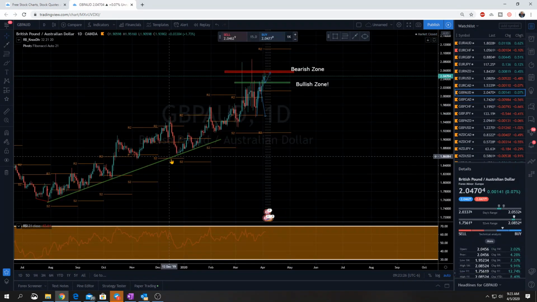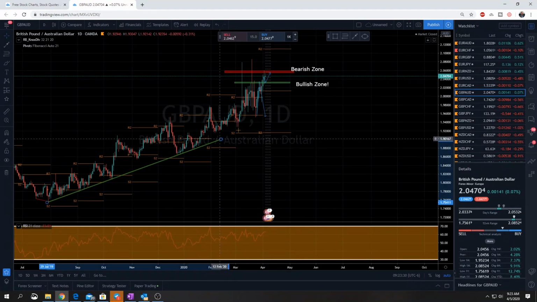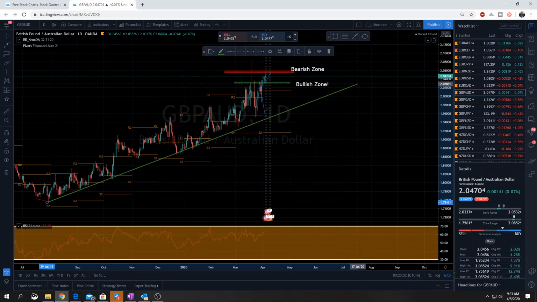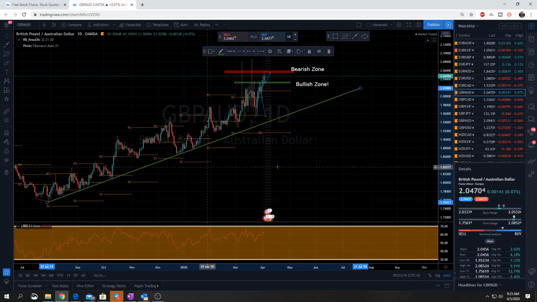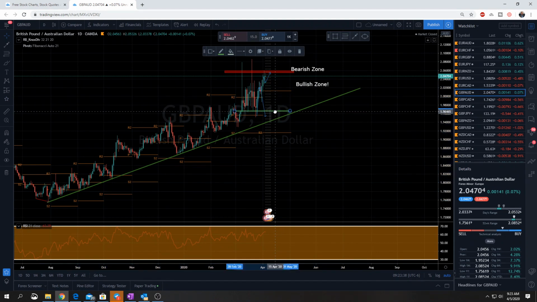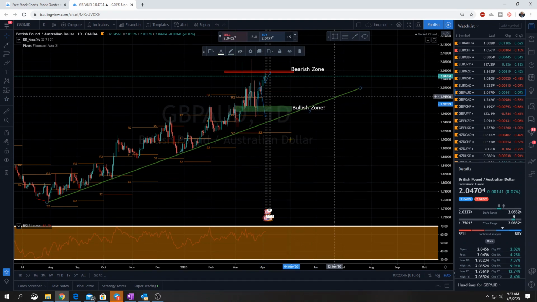All right, British pound AUD, obvious upward trend, right? Obvious. No one has to be a rocket scientist to see that. So I think I was being aggressive last week. I'm not a buyer unless we get down to this range.